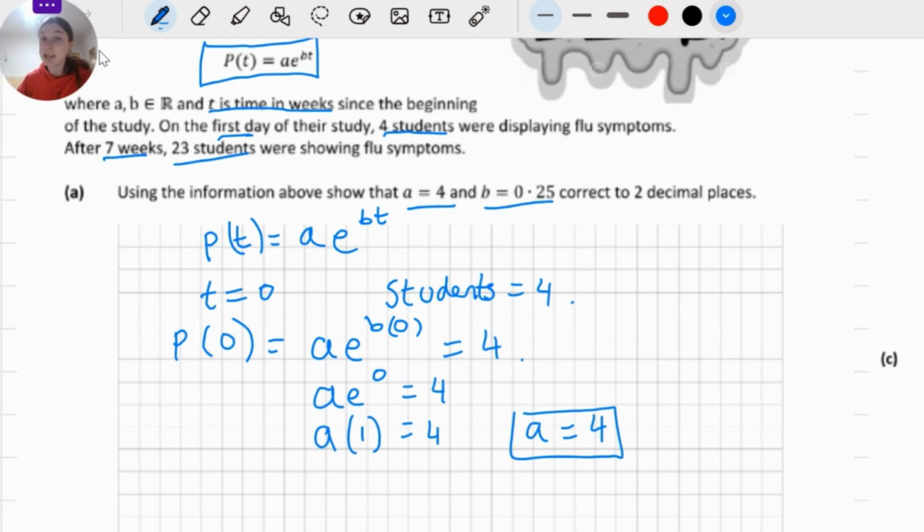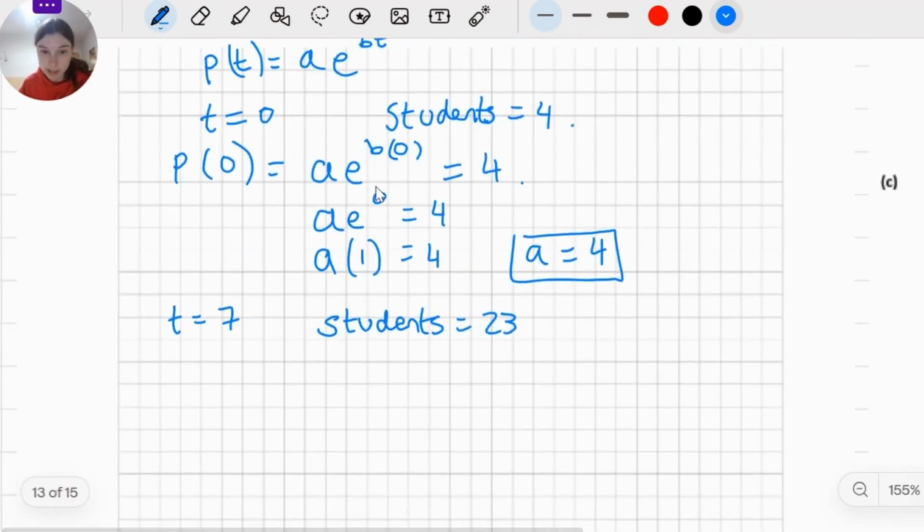Now, to find B equals 0.25, we are going to do something very similar using the second bit of information we were given here in the question. We were told that when time is 7, T equals 7 weeks, the number of students is 23. Okay, so we'll just fill all of that into our formula again.